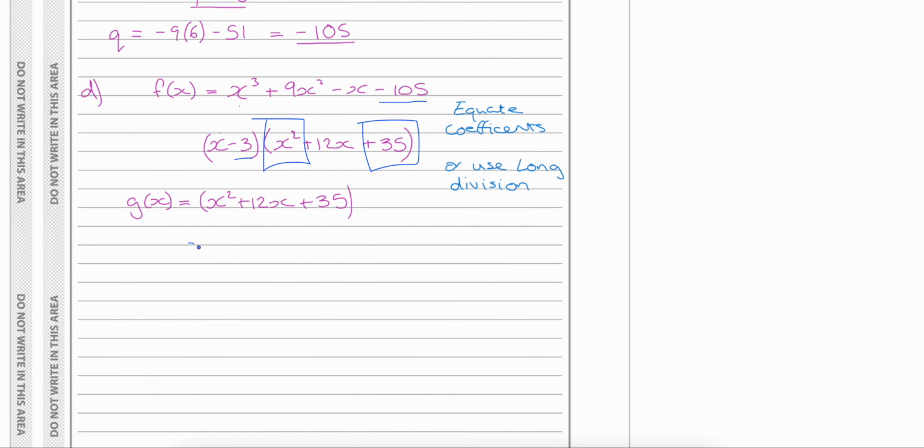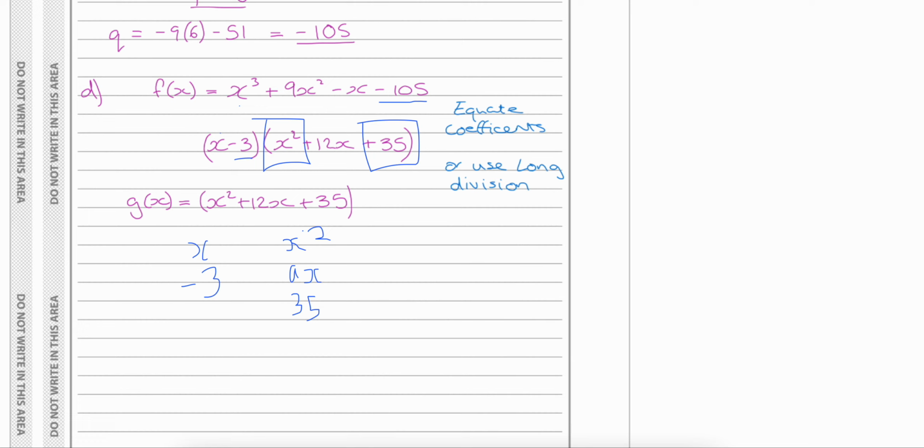So remember, we're doing x and minus 3, and we're doing x squared, ax, and 35. And we're trying to find out what that a value is. Now we know that there are going to be 9 x squareds.